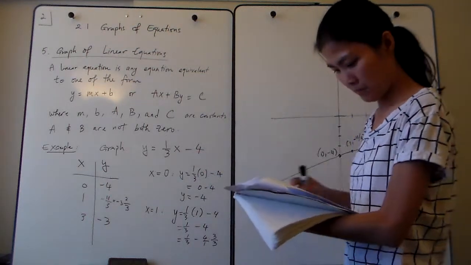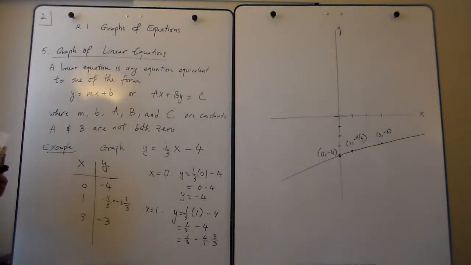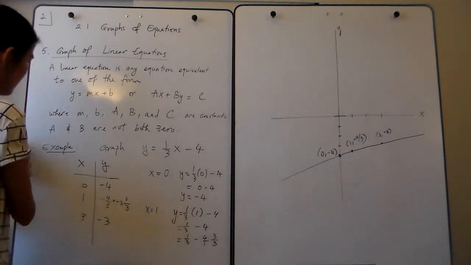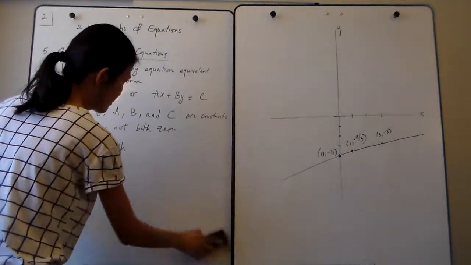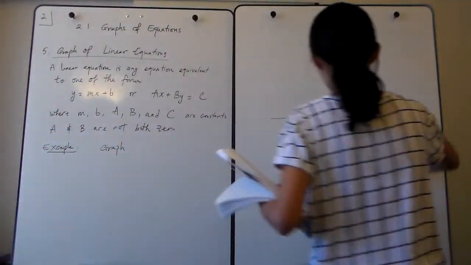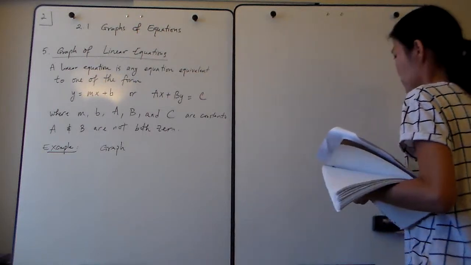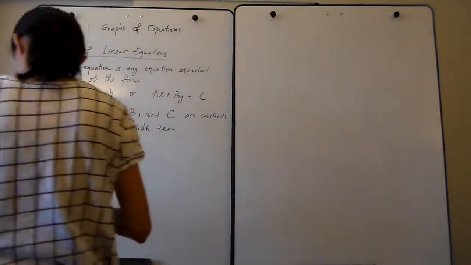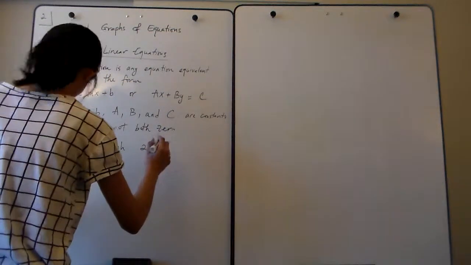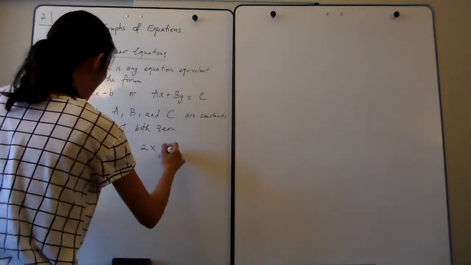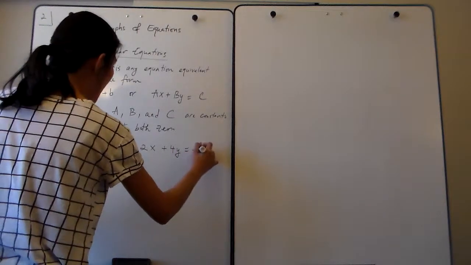That example, let's start another example. So make sure you copy that. So this example right here, graph 2x plus 4y equals negative 12.